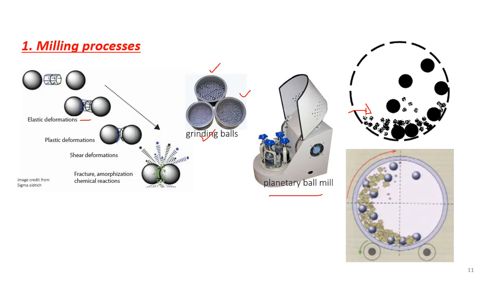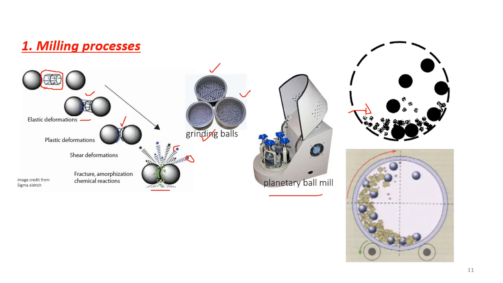When these coarse materials come in between the steel balls, because of the action of a kinetic force, the material gets deformed. Initially they go into elastic deformation, and after that they are promoted into plastic deformation. Shearing of the material takes place and at the end we get fractured, amorphized material with chemical reactions, and we get the nanoparticles.